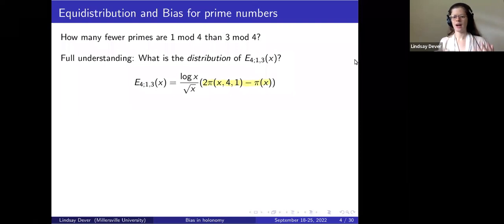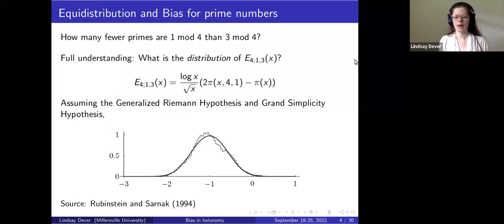That shows how far ahead or behind the category of 1 mod 4 is. And it turns out that this is the appropriate normalizing factor. And once we multiply by that normalizing factor, it turns out that this is actually distributed according to a probability distribution. So this was shown by Rubinstein and Sarnak.